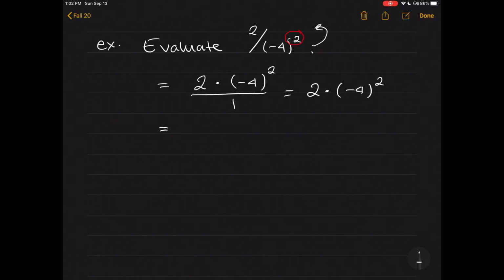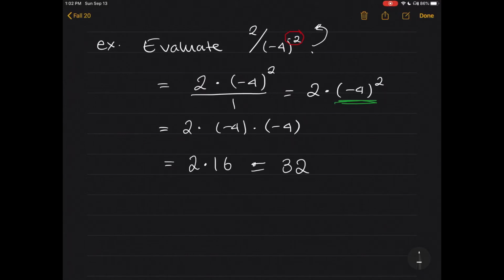And then let's expand out this part right here. So then let's write 2 times negative 4 times negative 4. 2 copies of negative 4. Negative 4 times negative 4 should be positive 16. Then 2 times 16 is 32.